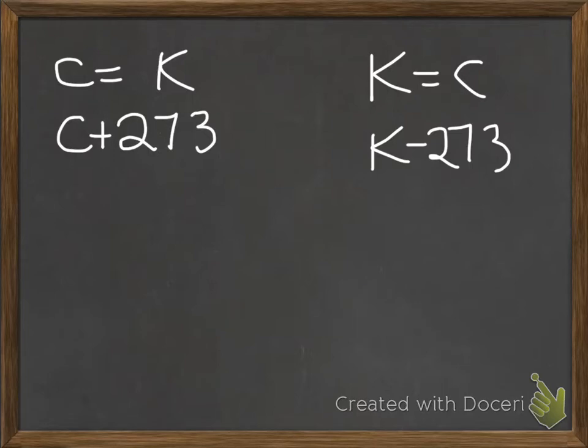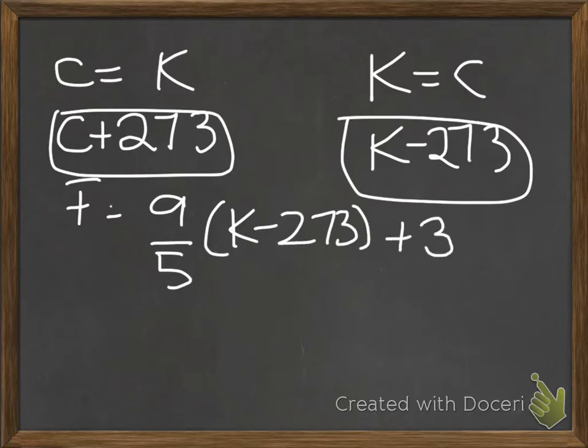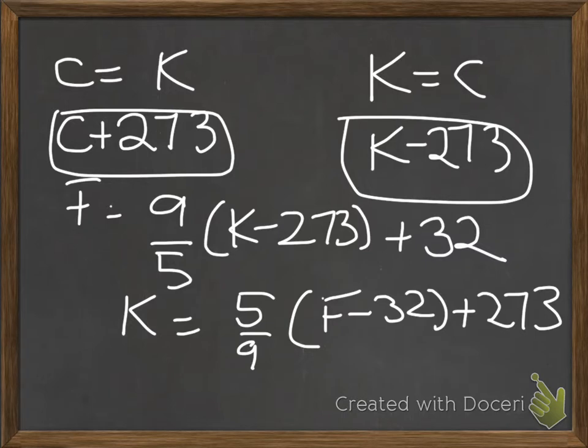For Kelvin to Fahrenheit, you should use 9 by 5 into (K minus 273) plus 32. For Fahrenheit to Kelvin, you should use 5 by 9 into (F minus 32) plus 273. So these are the formulas for the given problems.